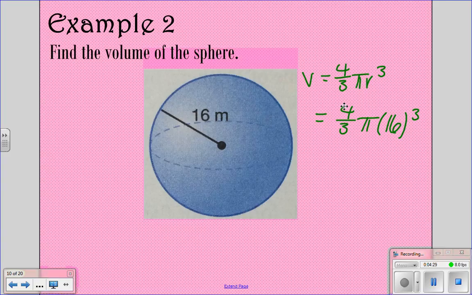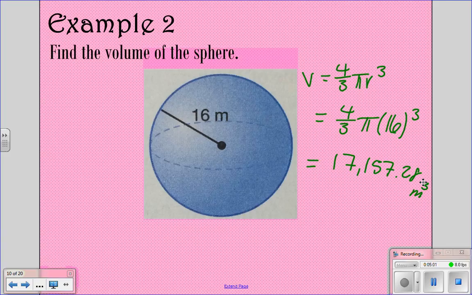And so if you plug that in, you're going to do 16 cubed, and then multiply by 4/3, and then multiply it by pi. And so if you do that, you should get 17,157.28, and then meters, and it's cubed because we have volume.